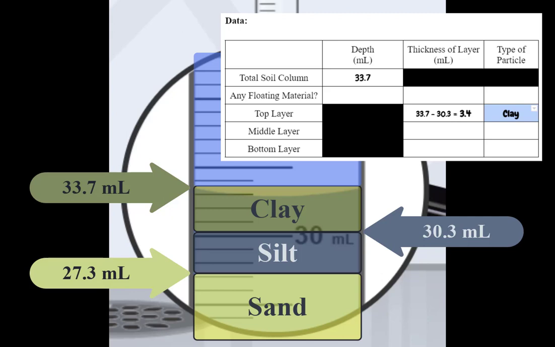The middle layer I get by taking 30.3 and subtracting 27.3 to give me a 3.0 millimeter layer of silt. The sand layer is very simple because that is 27.3 milliliters in my graduated cylinder.